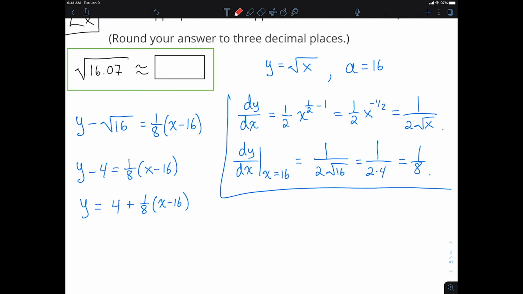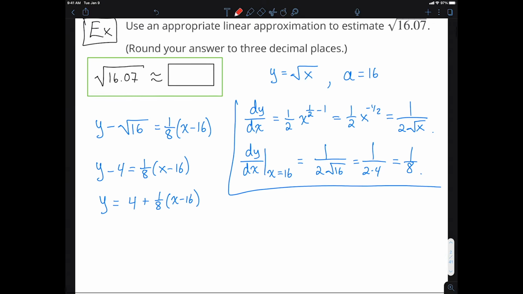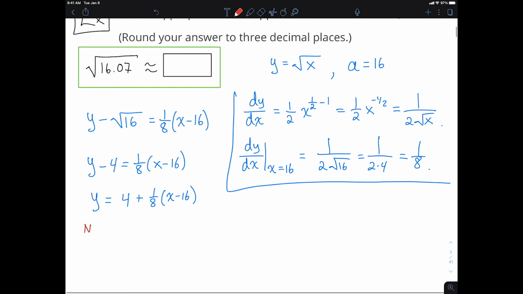So the way that linear approximations work and are combined with tangent lines is that near x equals 16, the square root of x is approximately equal to this tangent line. The values that we get on that tangent line are approximately the square root values near x equals 16.